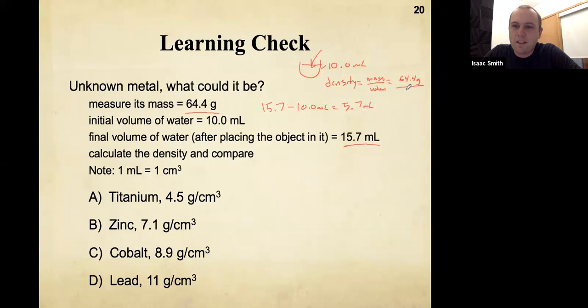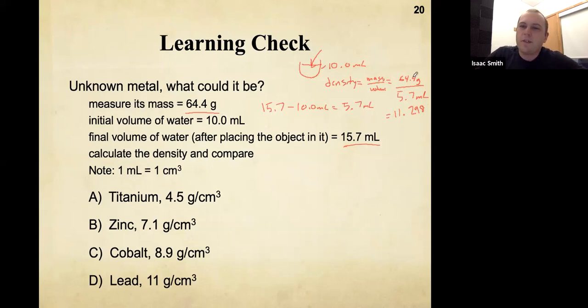So we'll put that into the denominator here, 5.7 milliliters. Now if we do this calculation on the calculator, 64.4 divided by 5.7, our answer is going to be 11.298, and it continues.